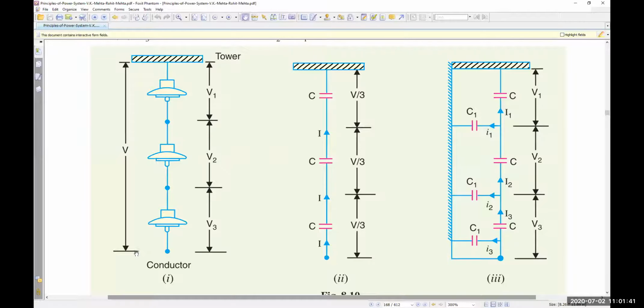So if you take a multimeter and check the voltage between the conductor and the tower, you will see the voltage is V. So theoretically speaking, this insulator, this insulator and this insulator should carry an equal amount of voltage. That means this one is V1, this one is V2, this one is V3. Theoretically speaking, they should be V by 3, V by 3, V by 3.